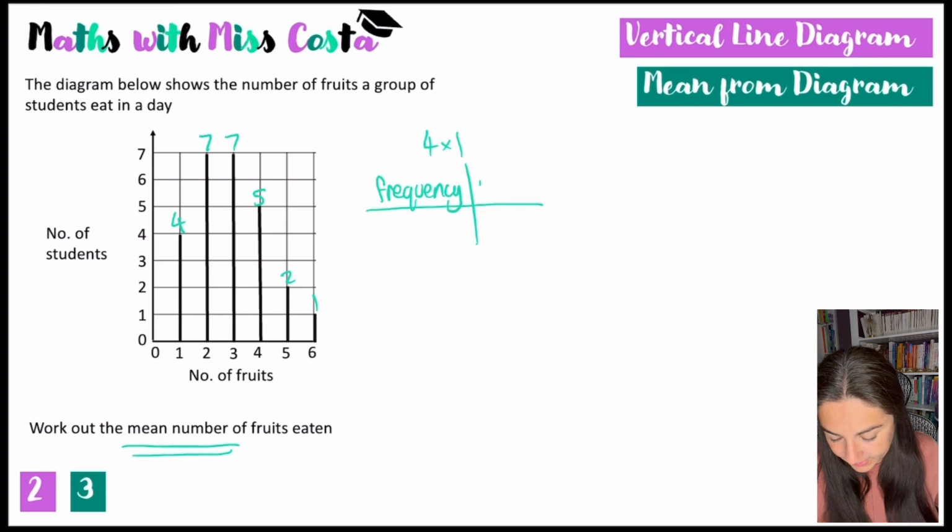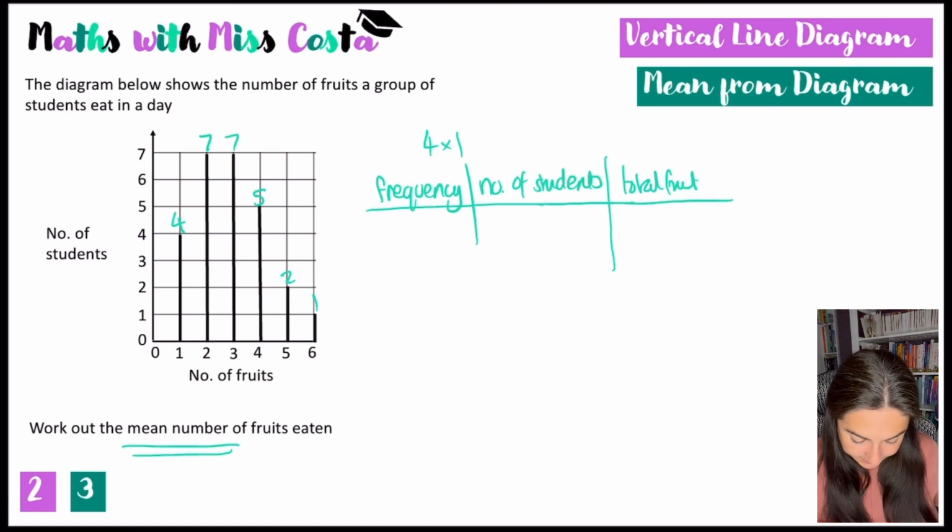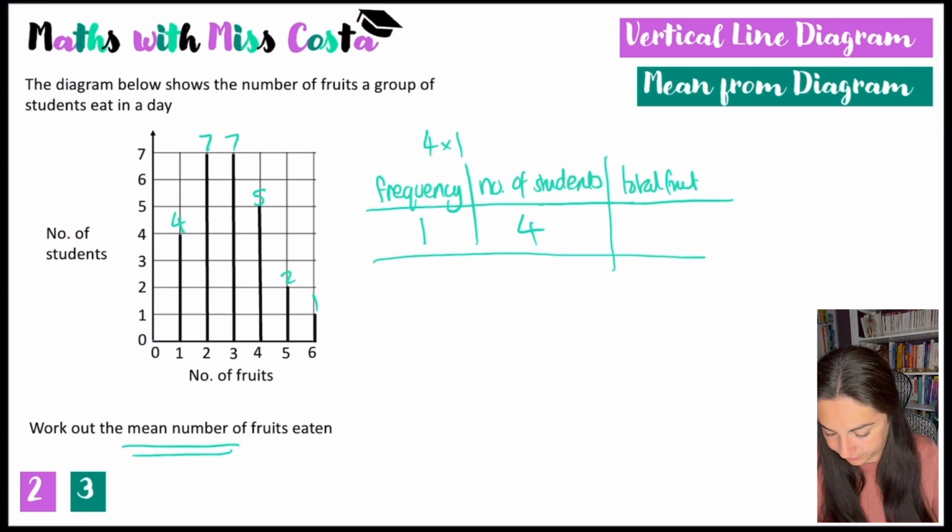So frequency, number of students that eat that fruit, and therefore total fruit eaten. So the frequency for the first one, 0, no students eat 0 fruit. So 1 fruit, 4 students eat 1 piece of fruit. So in total, that's 4 fruits that have been eaten.